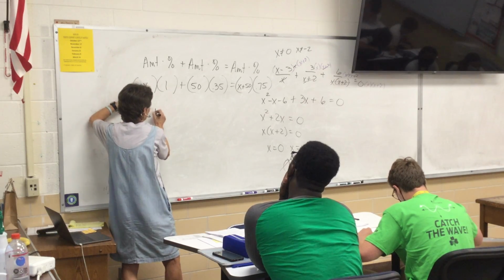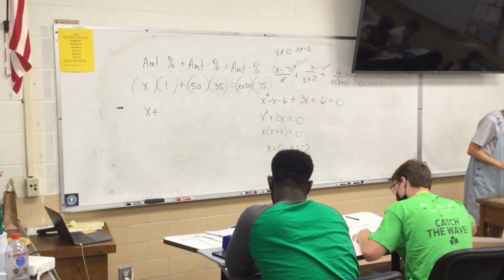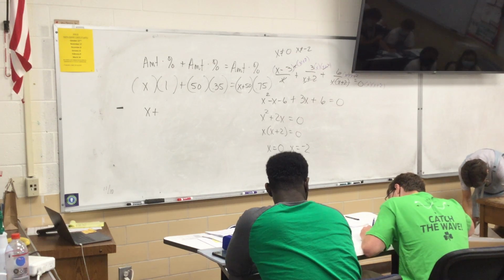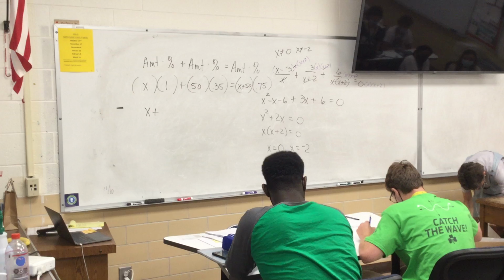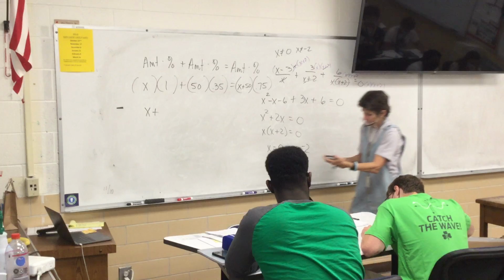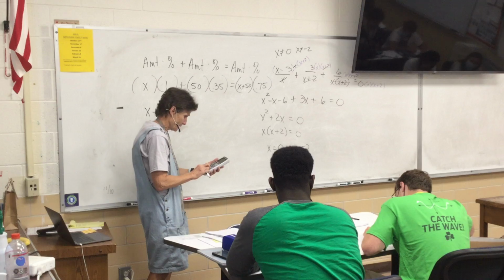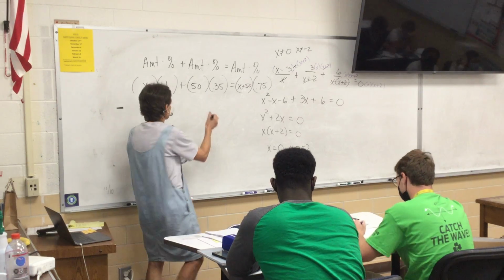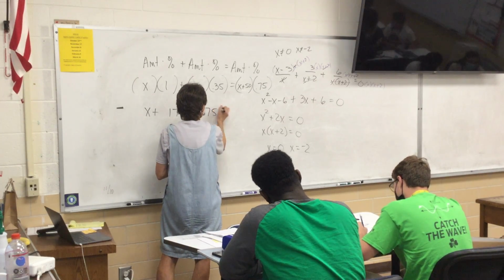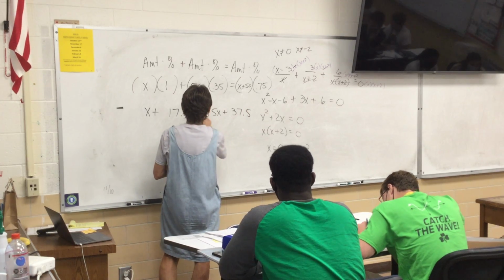So X plus 50. I should be able to do that, I just don't have the energy, so I'm gonna find my calculator. 50 times 0.35, 17.5. 0.75x plus 37.5, somewhere there's an equals.